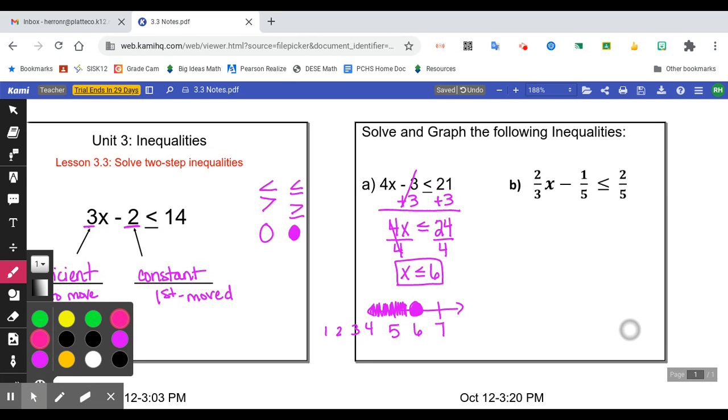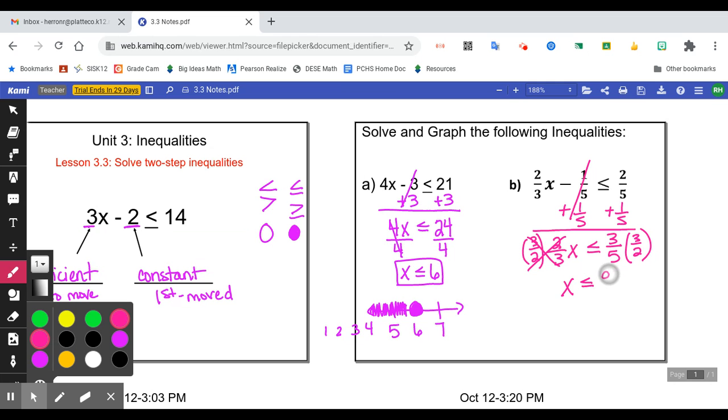All right, next one. We've got 1/5 being subtracted, so I'm going to add 1/5 here. I have 2/3 x is less than or equal to 3/5. I'm going to multiply by the reciprocal. You can divide by 2/3 if you want as well. These cancel, and I have x, no negatives here, so I don't have to flip anything.